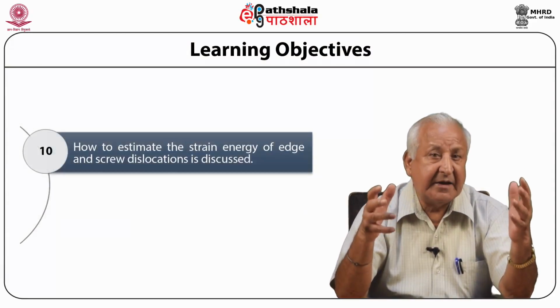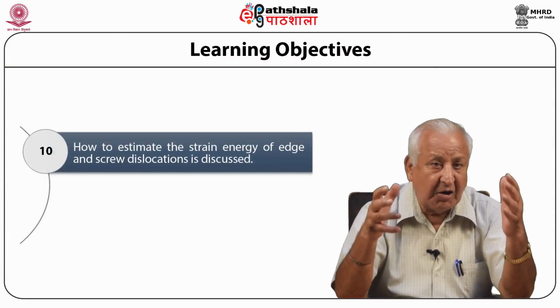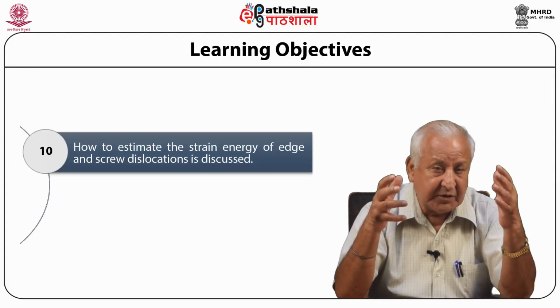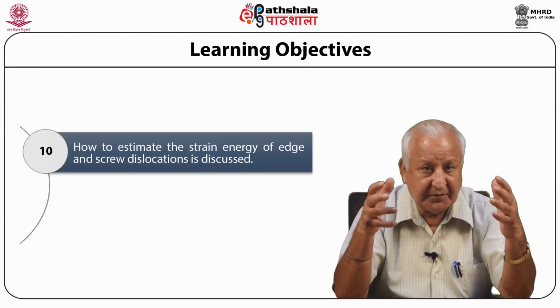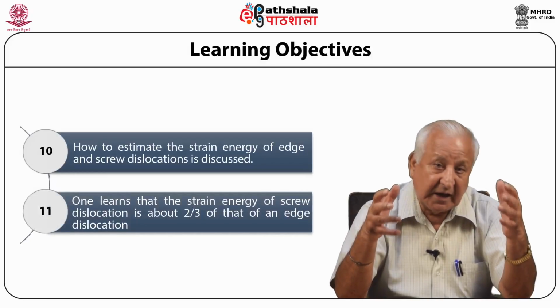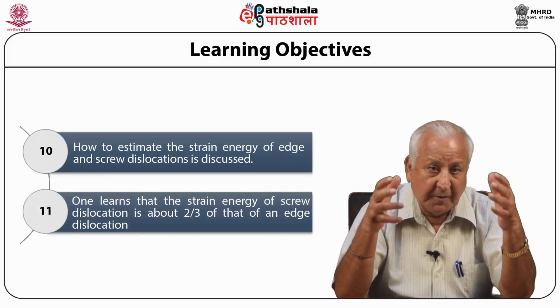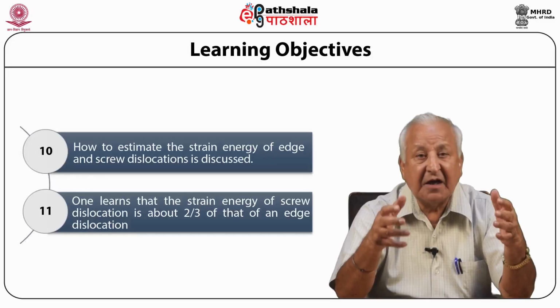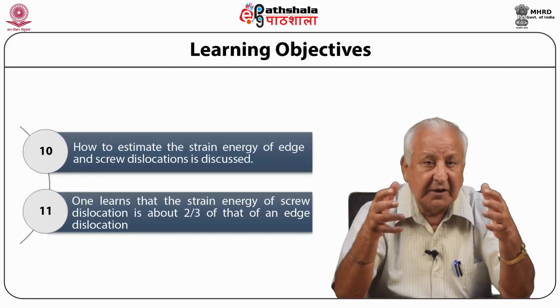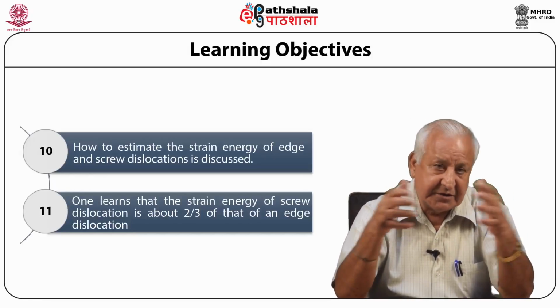How to estimate the strain energy of edge and screw dislocations is discussed. One learns that the strain energy of a screw dislocation is about 2/3 of that of an edge dislocation.